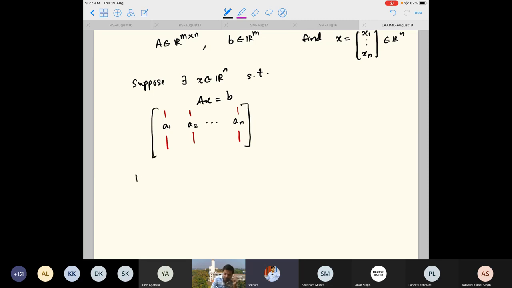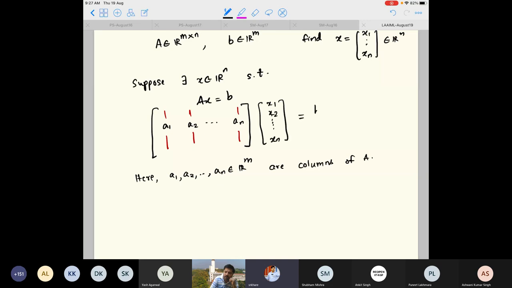Here A1, A2 up to An, these n vectors belong to Rm, are the columns of A. And you have this vector x, which is x1, x2 up to xn, and this is equal to b. So this is how I am seeing Ax is equal to b.